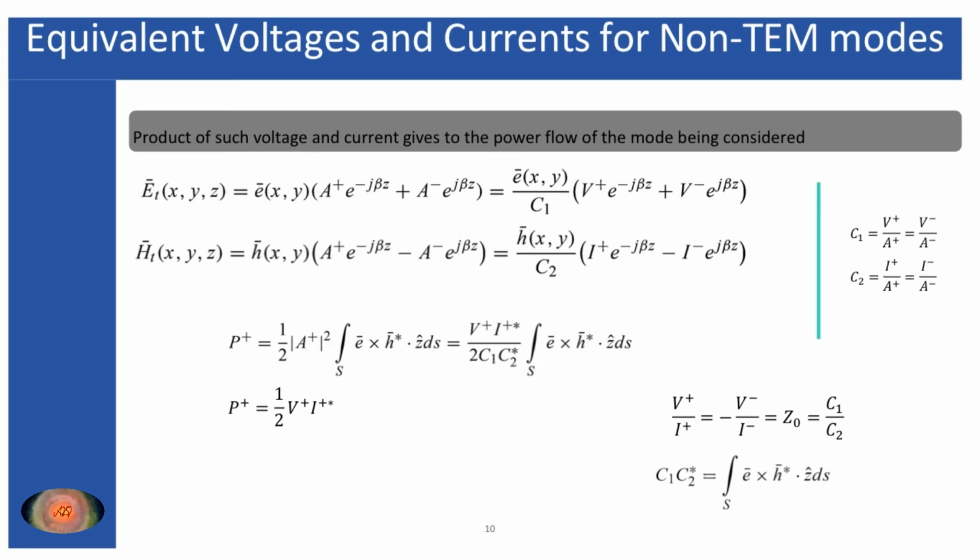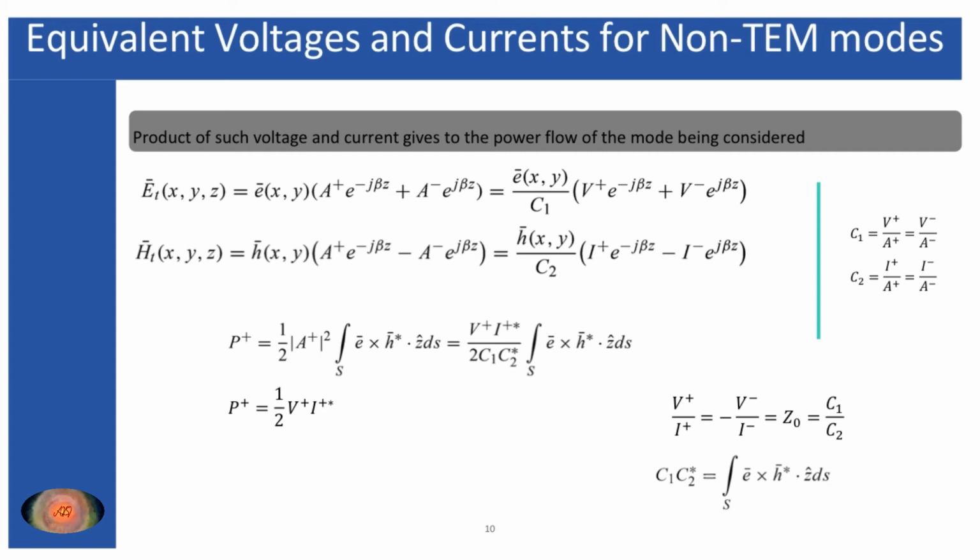But using the equivalent expression where the voltage amplitude replaces the field amplitude, we can easily obtain this expression where only the forward propagating term is considered, because V minus and I minus represent the backward propagating wave, but P plus here represents the power flow along the positive or forward direction.